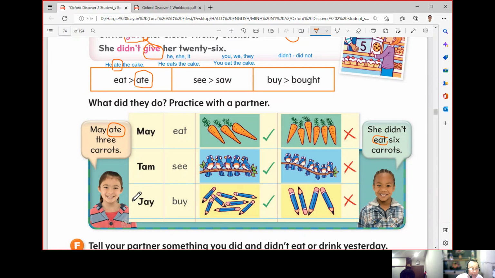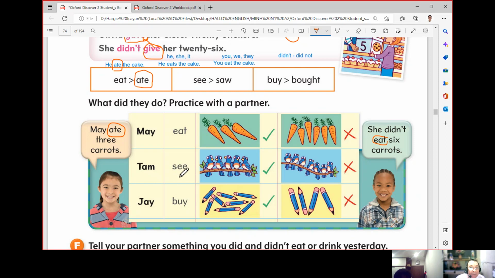What about the second one? Tom saw five birds on the branch of the tree.